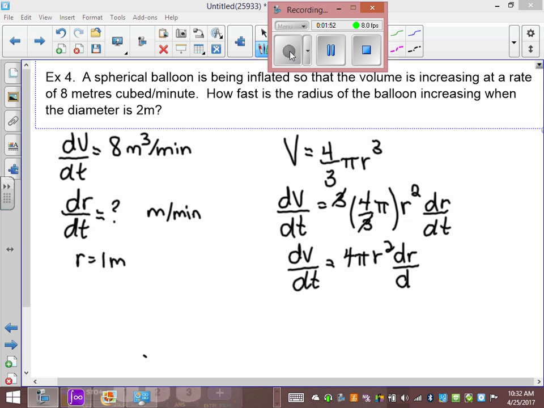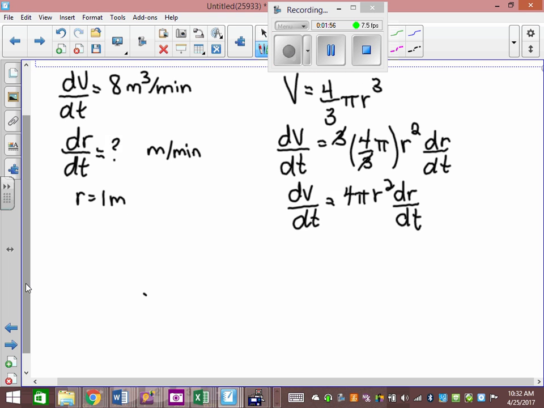Now we know we're good because we're only missing one thing. If we're missing more than one thing, we have to go back and try again. So we get 8 meters cubed per minute equals 4 pi 1 meter squared dr dt. If you're someone who just puts the units at the end, don't. You need to do them along the way, and you need to cancel them off.